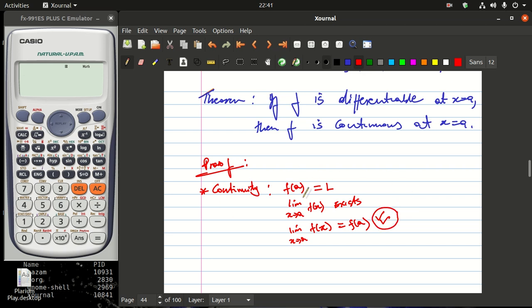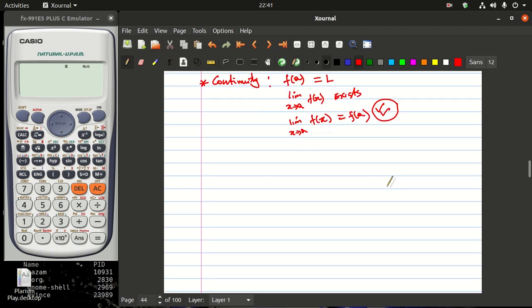So this is what we want to prove. We want to prove this nice thing here. Now there is something that I want us to look at here. The first thing is the fact that I already have f is differentiable.